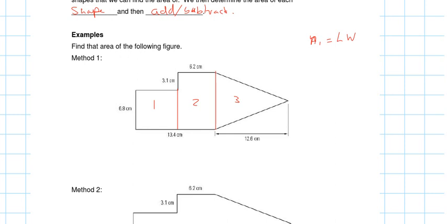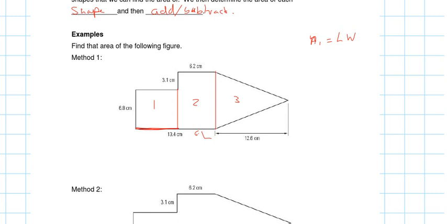13.4 minus 6.2. That's right, because my whole base right here is 13.4, and then this part is 6.2, right? So in order for me to find this part, oh my God, this doesn't want to write. In order for me to find this part, I'm going to have to do 13.4 minus 6.2, so that should be 7.2, right?